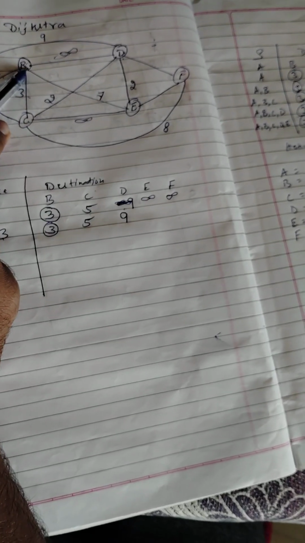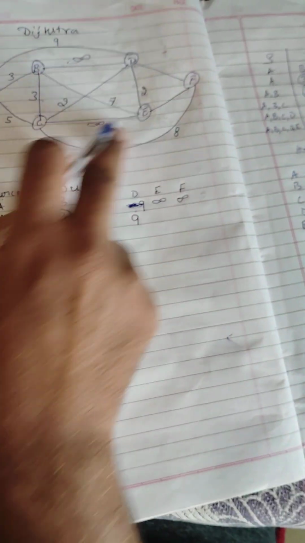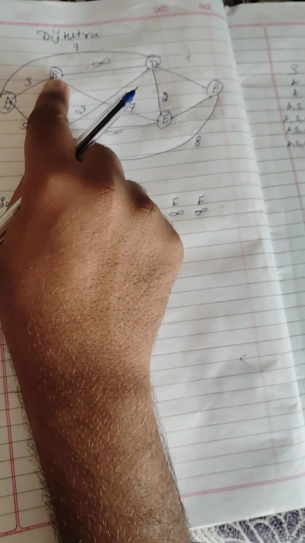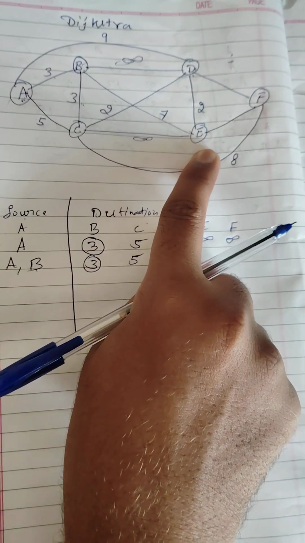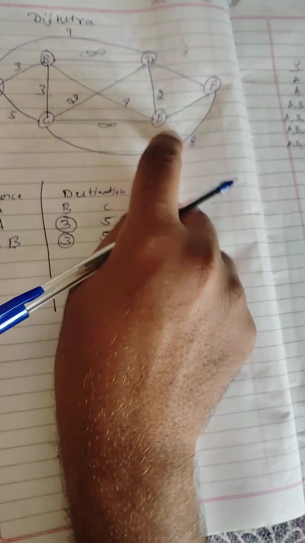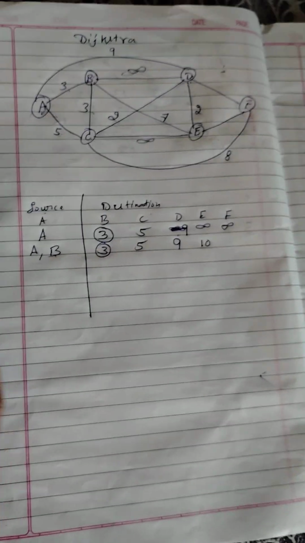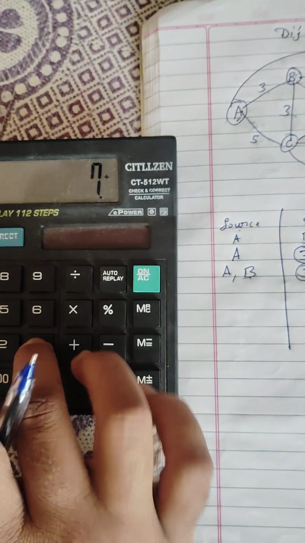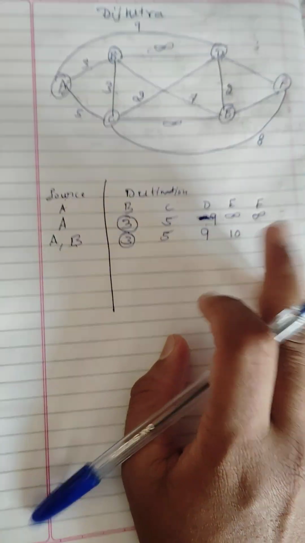A to B is 3, and B to E is 7, so 3 plus 7 is 10. So we got the value for E.